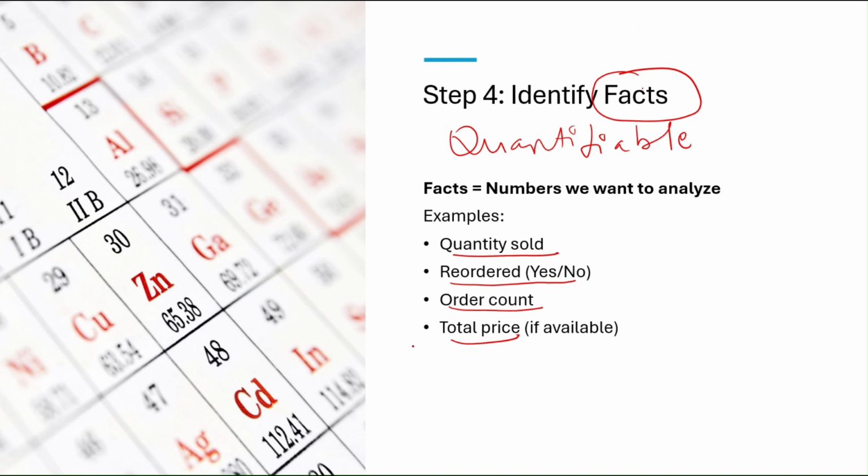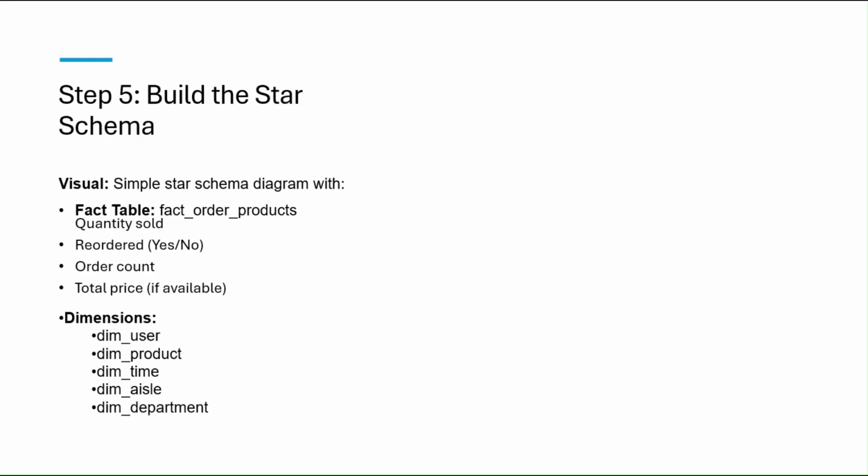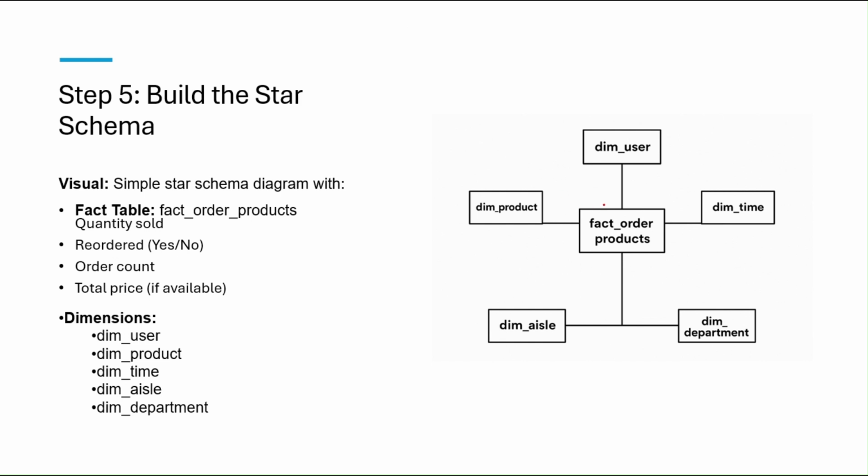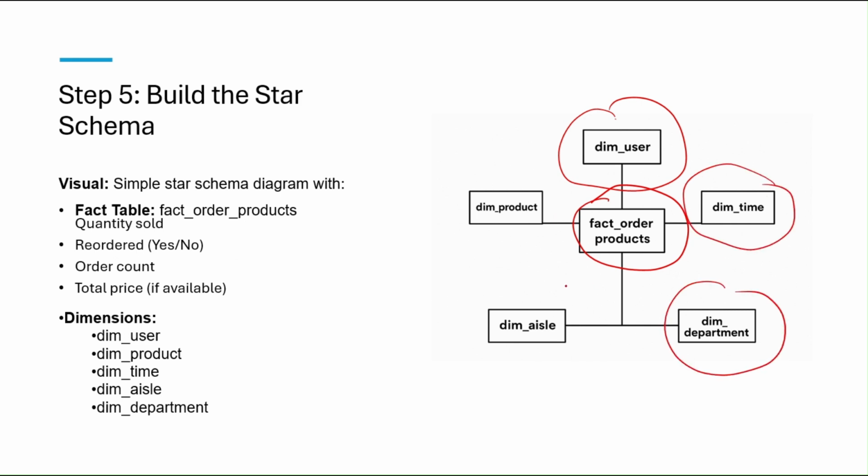Let's think how we can build the star schema that we discussed before for the grocery example that I've shown. You can see that all the quantifiable data, the facts, comes in the center, and surrounding that there are different dimensions like user, time, department, aisle, and product.